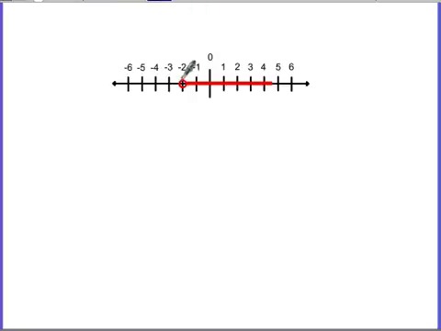Okay, and since it's not filled in, that tells us we'll either need less than or greater than, but we won't have the equal sign, right? Okay, so how would you write an inequality for this? Negative 2 is less than x. Okay, what would the second inequality be?